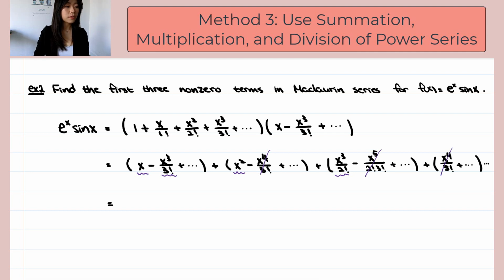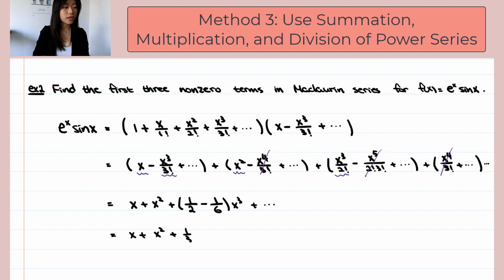The function approximately equals to x plus x squared, and for the third term, I have 1 over 2 factorial, which is 2, and minus 1 over 3 factorial, which is 1 over 6. So this equals x plus x squared plus 1 over 3 times x cubed.